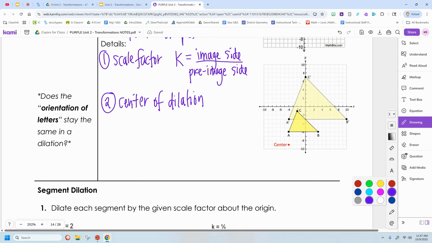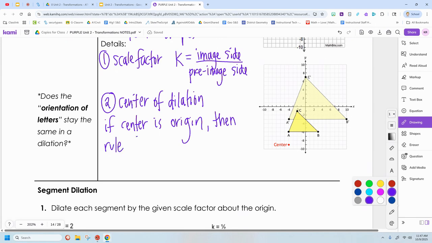If the center is the origin, then the rule is nice and easy.